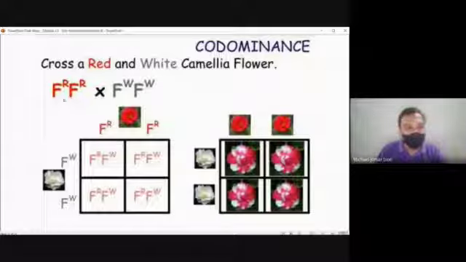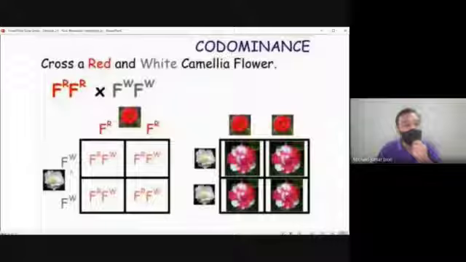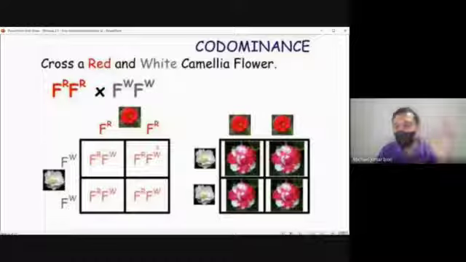You put the FR and FR gametes on the top and the FW on the left-hand side. If you combine them, you now have FR FW, FR FW, FR FW, and FR FW in all of the boxes. So all of them would be heterozygote.